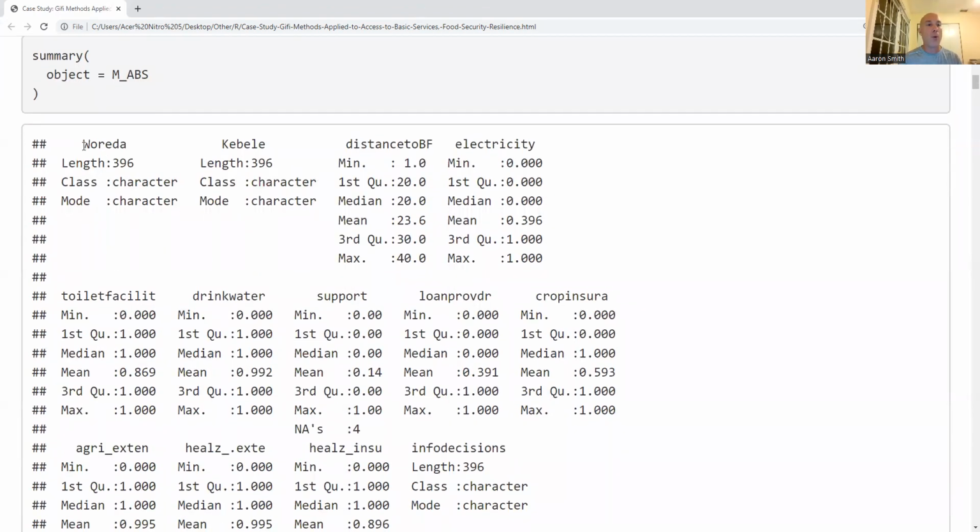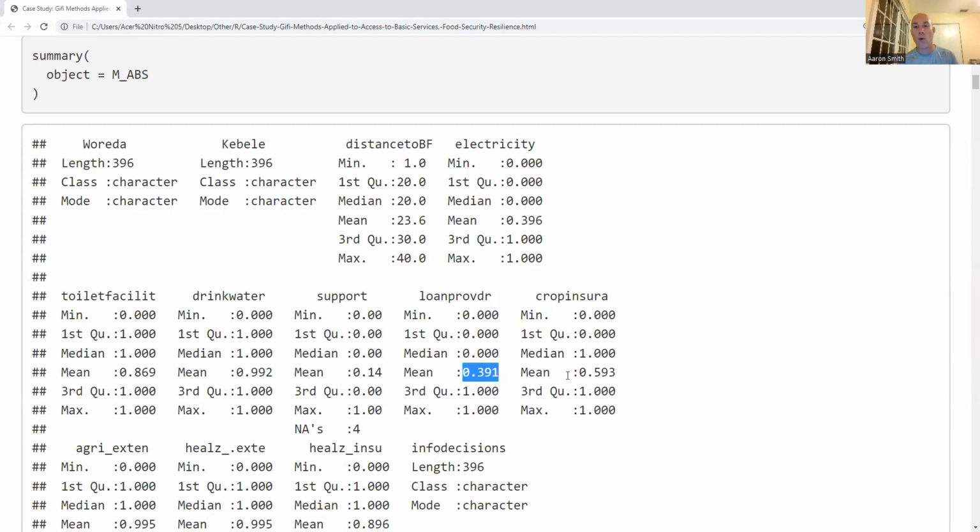So we have the Woreda, the Kebele. There are only 2 of these administrative districts. We have our numeric distance here. The rest of these are binary variables, which correspond to yes/no inputs. One thing I want you to notice: there's 0.4, 0.87, 0.99. 1.4 on the low side, but not too bad.